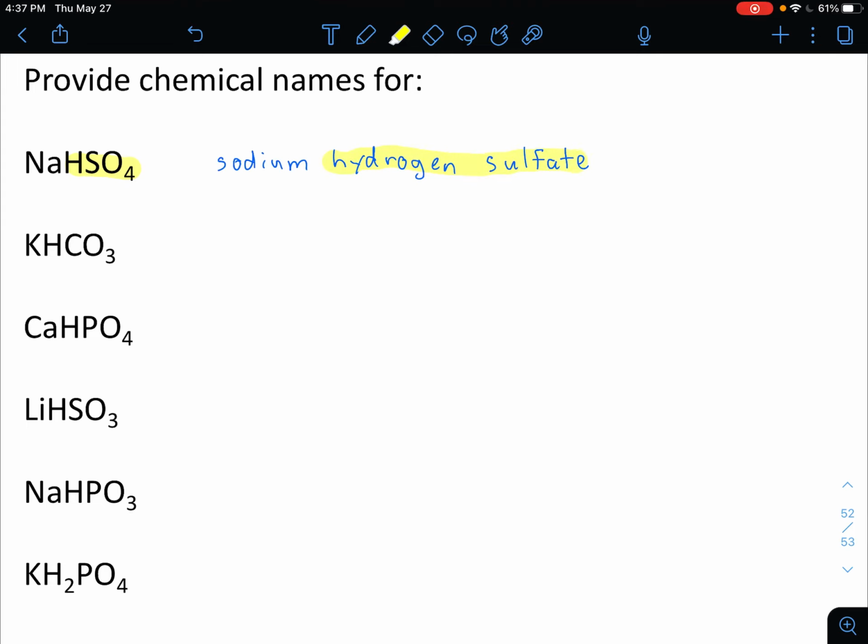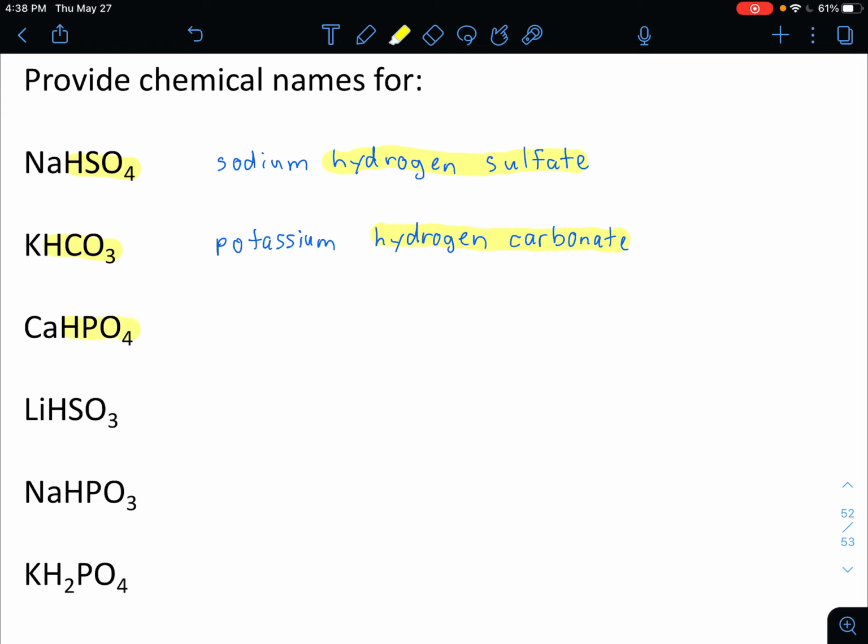So there's our hydrogen sulfate. The next one, HCO3, that's hydrogen carbonate. So this one will be potassium hydrogen carbonate.